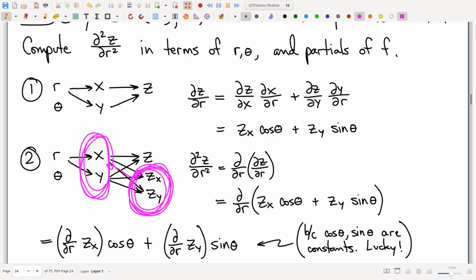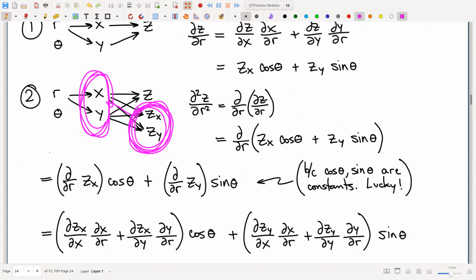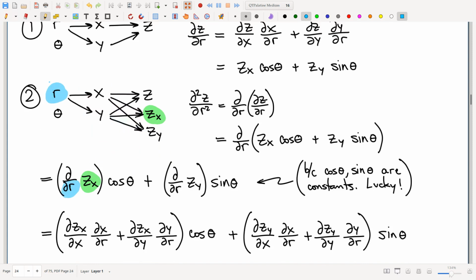And now with that done, there's no mystery left at all. How am I going to interpret the partial of Zx with respect to R? Oh, there it is. Nothing to it.